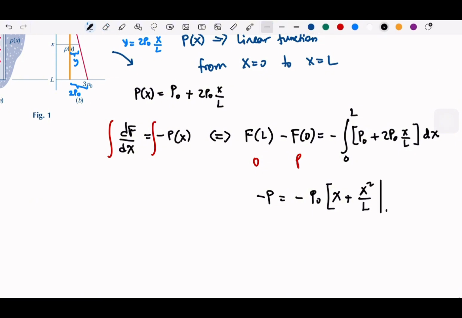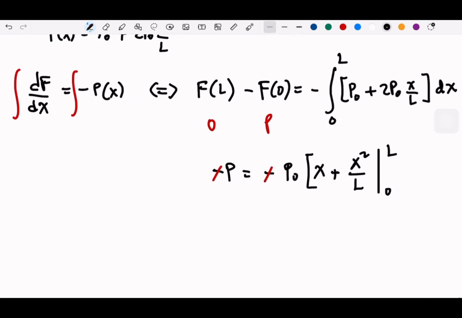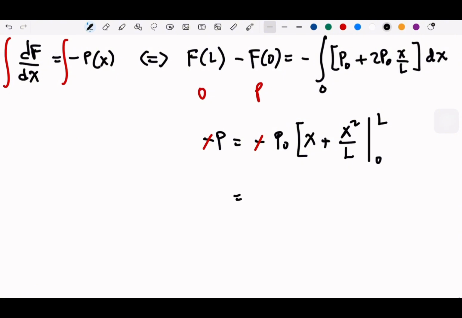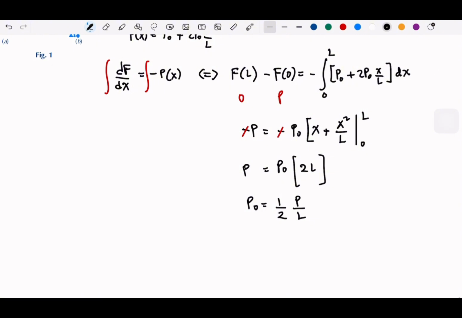From 0 to L. And let me just solve this. L squared over L is L, so this will be 2L. So p0 is 1 over 2 P over L. Okay. So we have p0 defined.